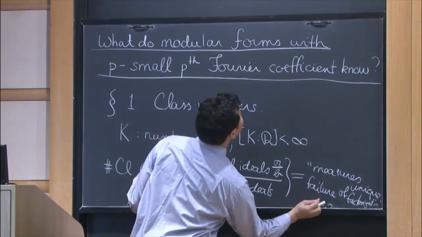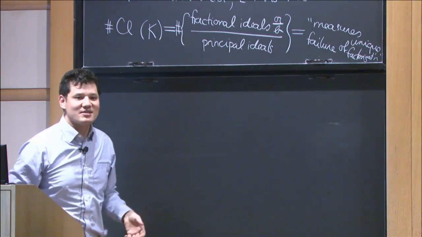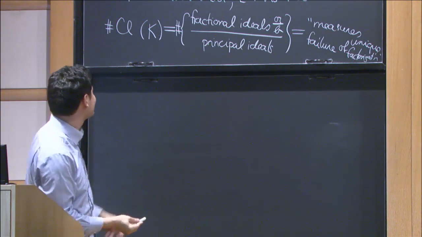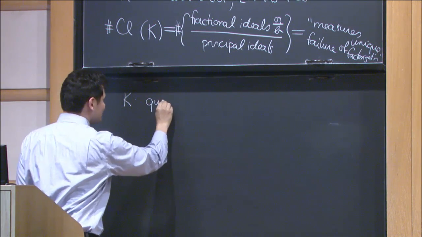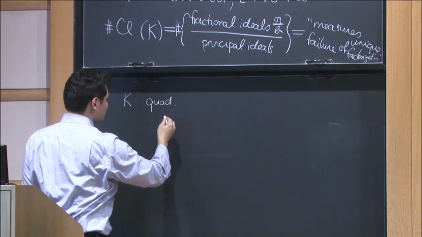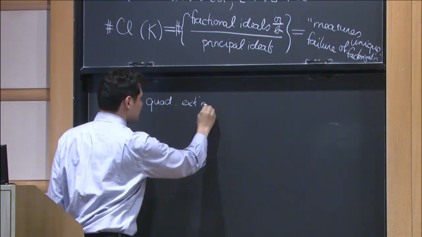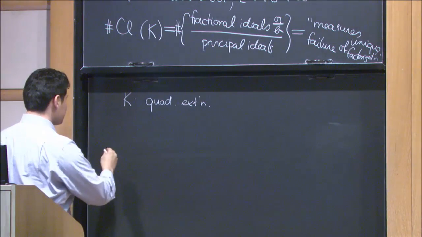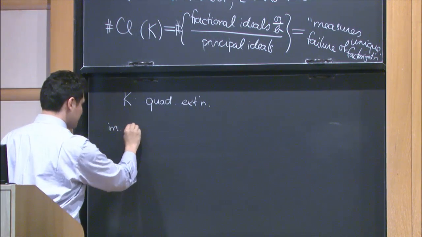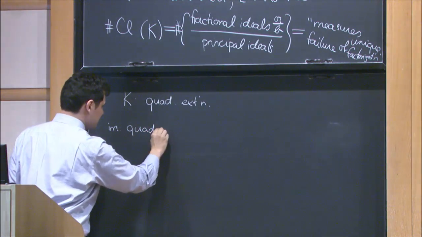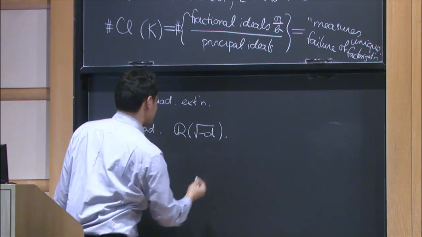Just to give you a flavor how hard this is, let's look at the simplest non-trivial case, or so we think, right? So let's say the case is quadratic. A quadratic extension. Well, so for example, you can look at the imaginary quadratic extensions, Q adjoined square root of minus d.